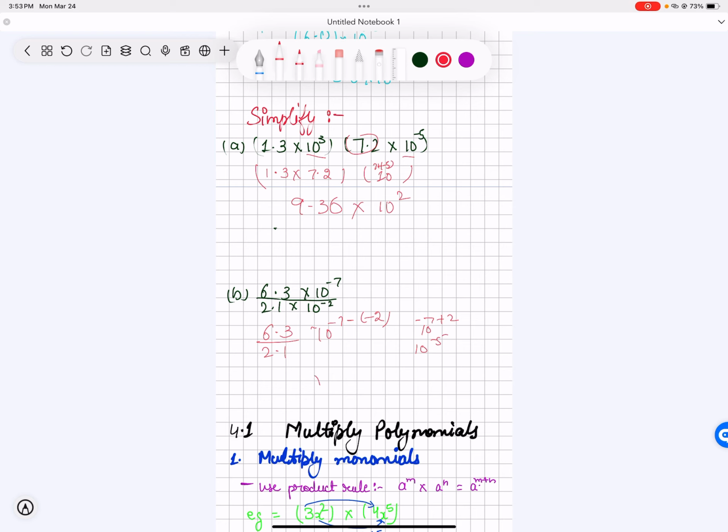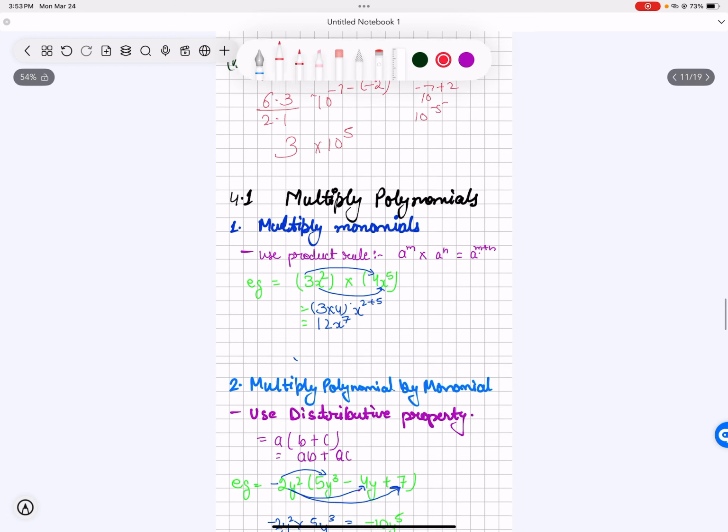So I get 10 to the minus 5, and if I divide 6.3 by 2.1, I get 3. So my answer is 3 times 10 to the power minus 5.